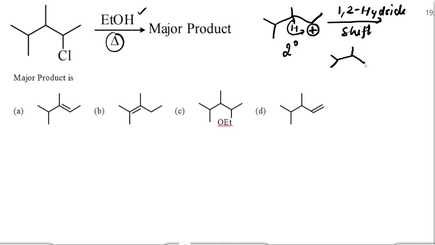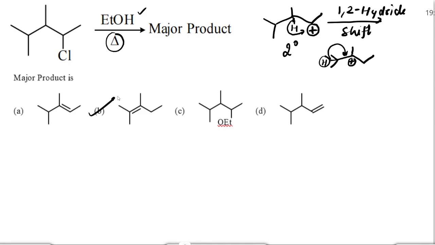So we get tertiary carbocation, and there is one hydrogen as well, so that hydrogen is removed and we get the major product as B. So B is the major product, right?